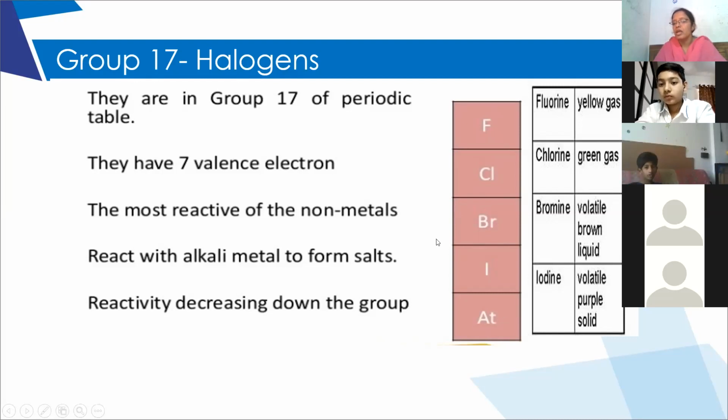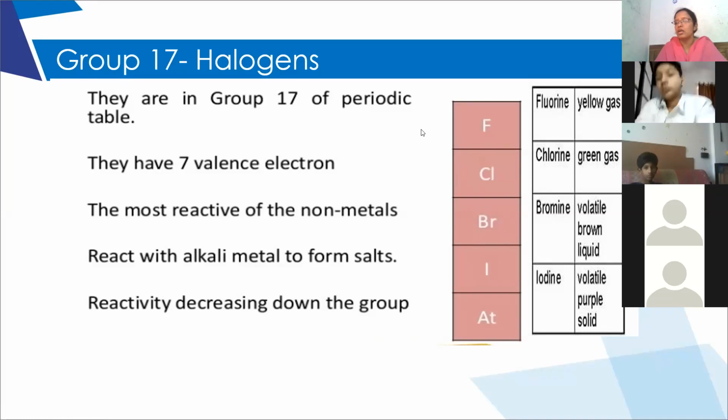At least you have to learn up to iodine; no need to learn astatine. Learn fluorine, chlorine, bromine, and iodine. Generally, whenever there is the word gen, that means it exists as a gas, like oxygen.